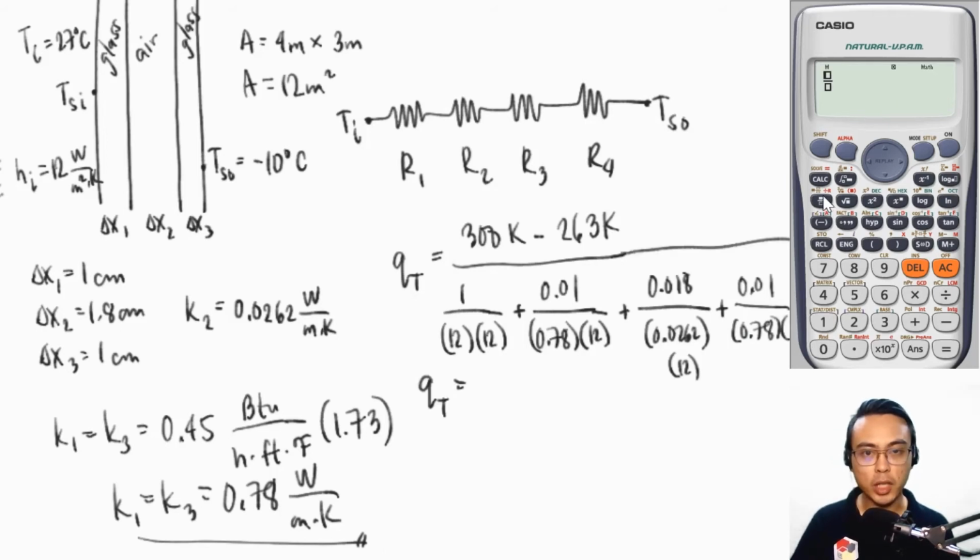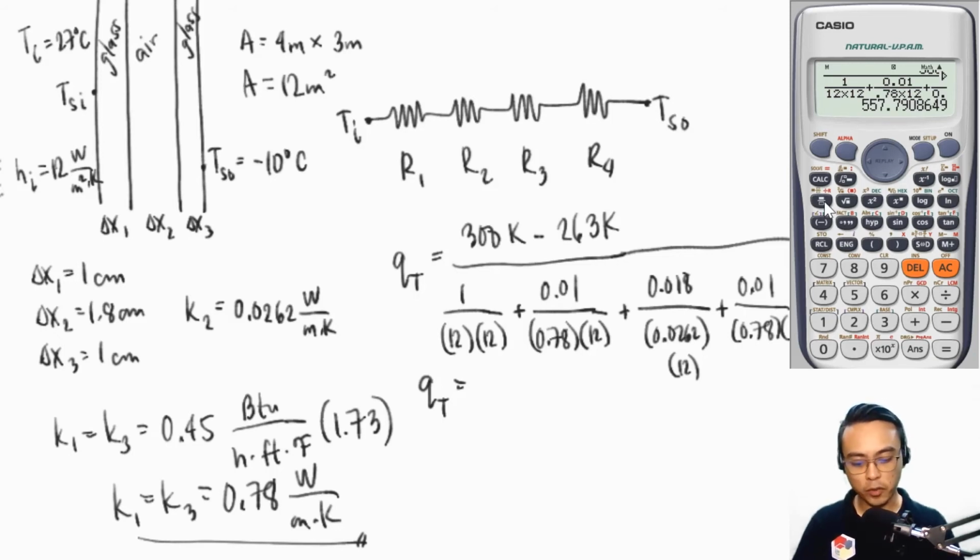Solving for Q sub T, we have 300 minus 263 over 1 over 12 times 12 plus 0.01 over 0.78 times 12 plus 0.018 over 0.0262 times 12 plus 0.01 over 0.78 times 12.